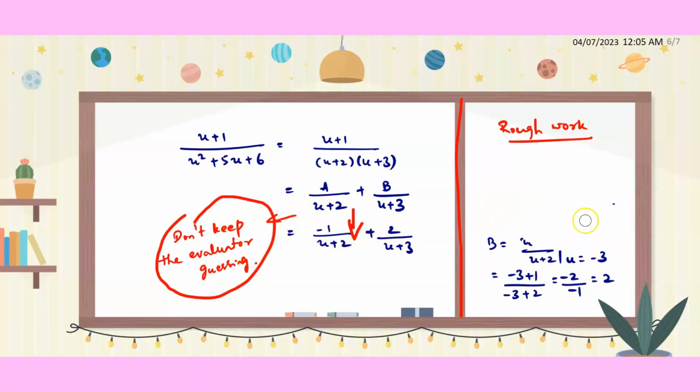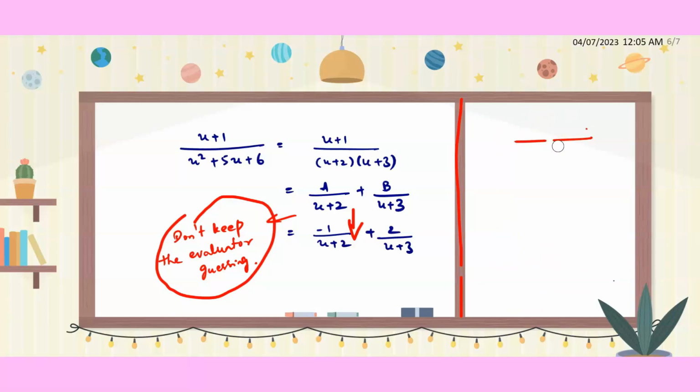Instead he does the rough work in the last page of the answer sheet. So we have to keep guessing how this fellow has got this answer. Did he copy from somewhere, or did he really know the answer? So don't put the evaluator in such a spot. Put a rough column here and do all the rough work here itself, so that you also have clarity and the evaluator also has clarity.